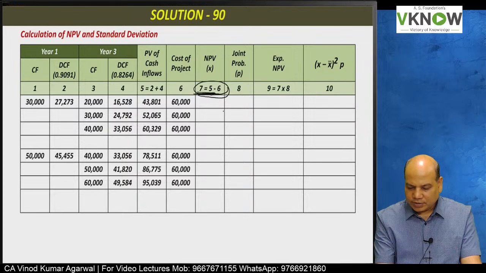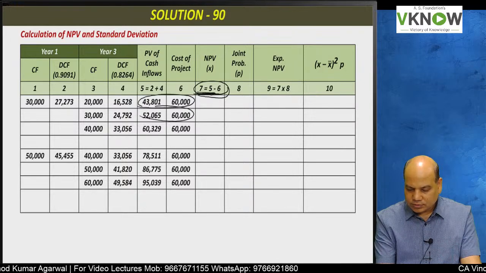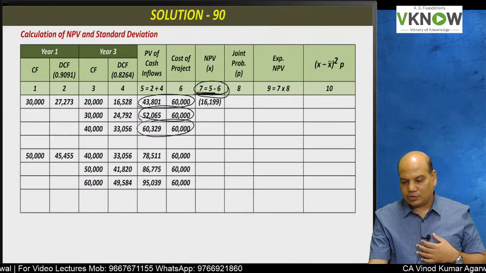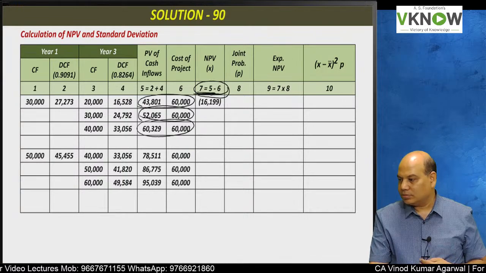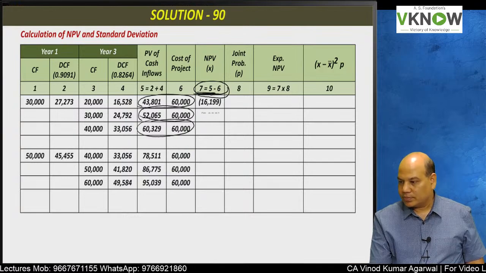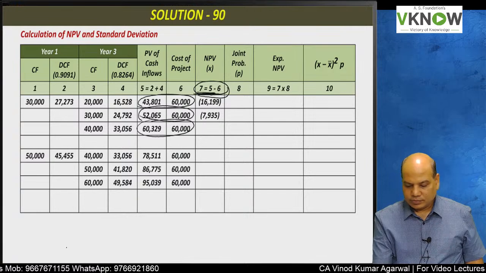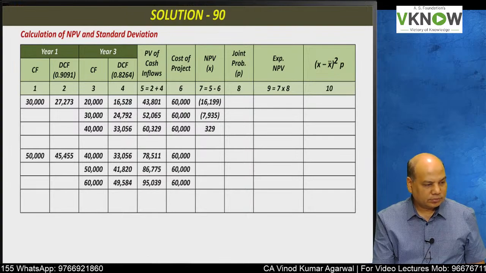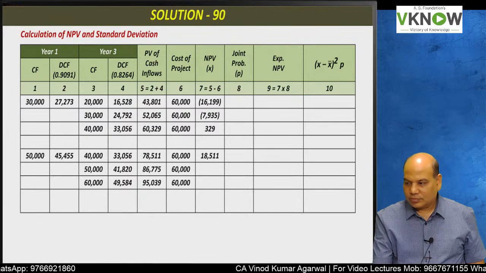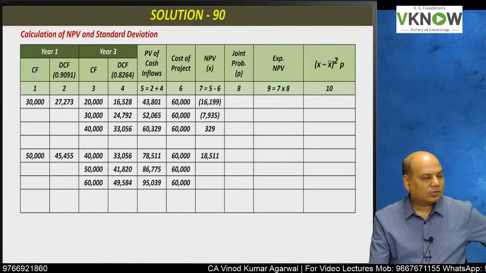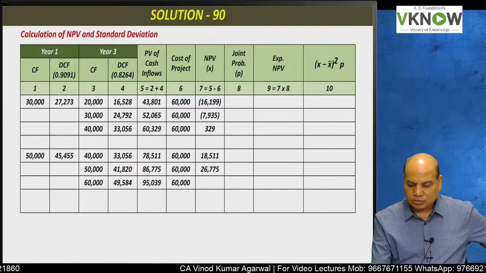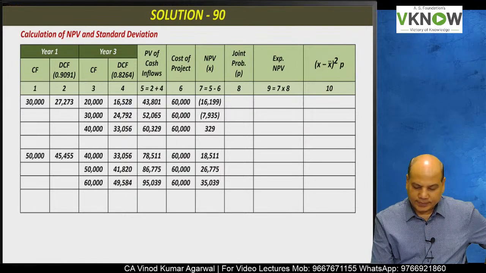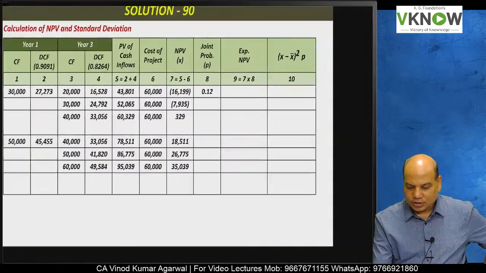My dear students, column number 7 is 5 minus 6. Take the difference of these two columns and write. It can be negative, it can be positive. 16,199, 7,935, 329, 18,511, 26,775, 35,039.